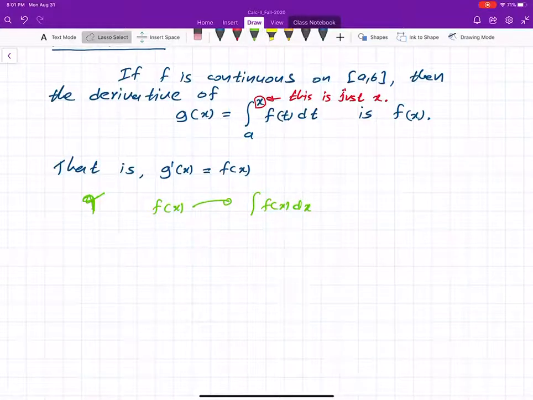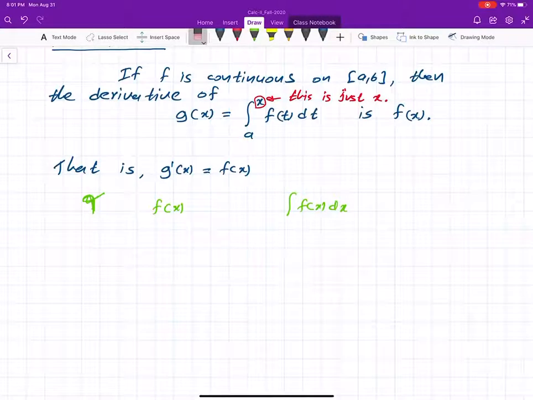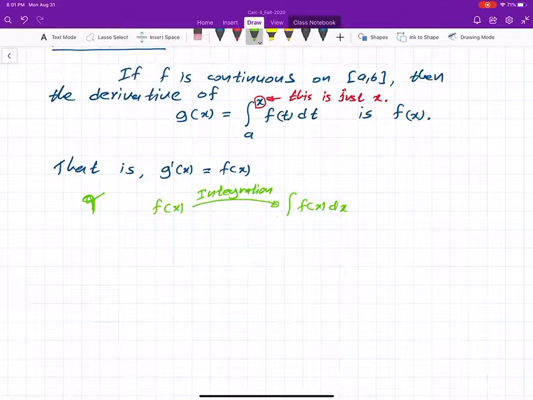And then once you get the derivative of this right hand side, you can get the original function back. That's because integration and differentiation are opposite operations, like summation and subtraction, or multiplication and division. So these are operators.